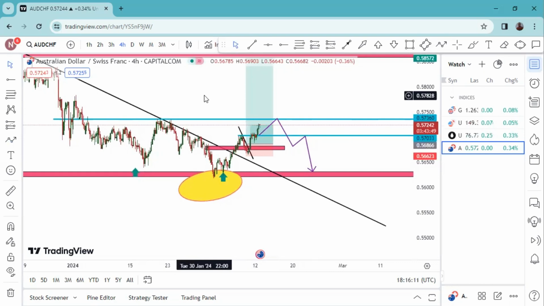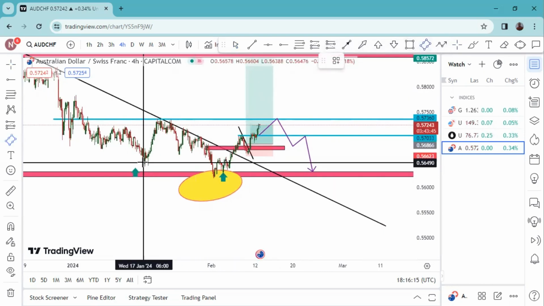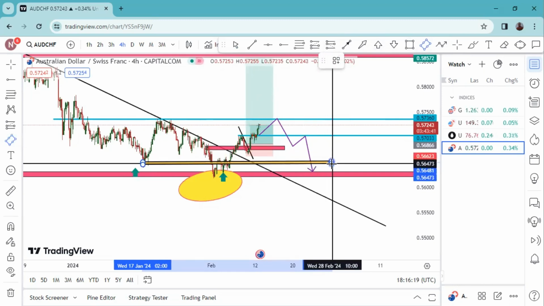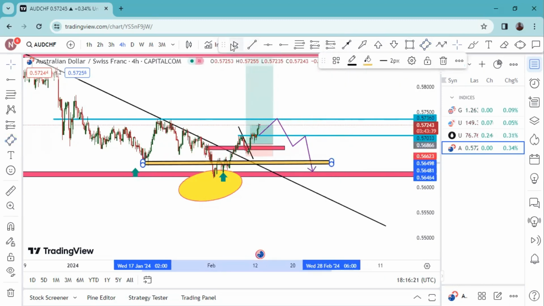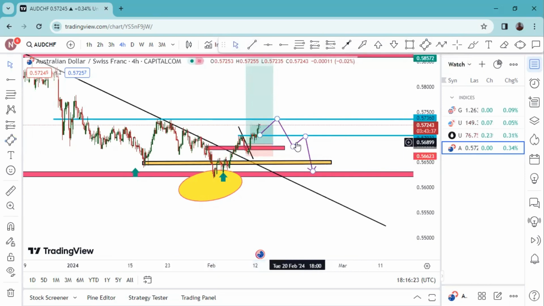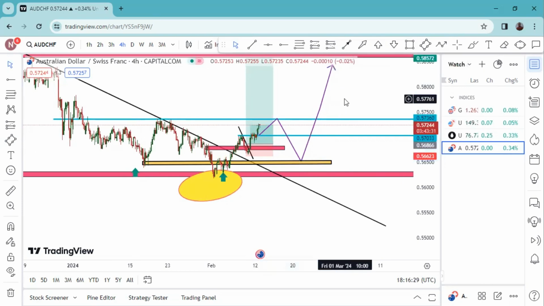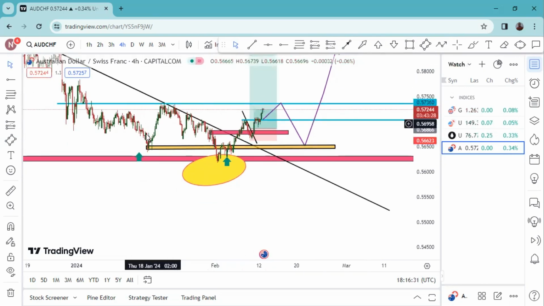Because also, if you look from a distance, I can see something here, a kind of head and shoulders: left shoulder, head, neckline, shoulder, then up.